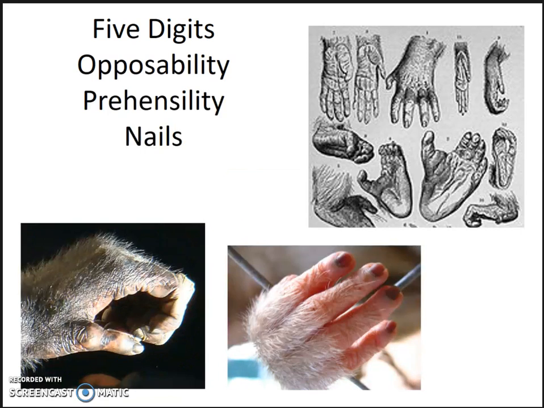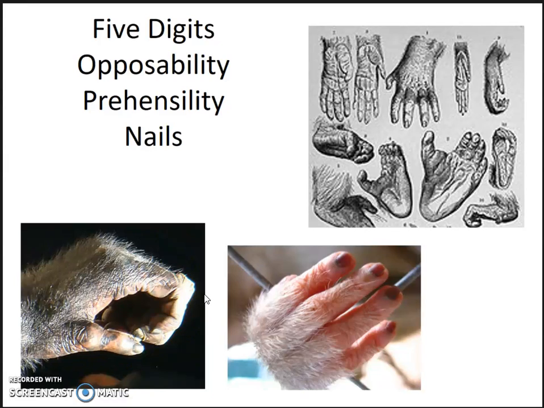So that's what we're going to be looking at in this section, is simply what makes something a primate. First thing we want to look at is the hands and the feet, the digits. Primates have 5 digits on each hand and foot. Their big toe and their thumb is opposable to their fingers. They have prehensility, which is what you're seeing with the chimp hand over here, where the fingers can be touched by the thumb, and in general the big toe can touch the rest of the toes.